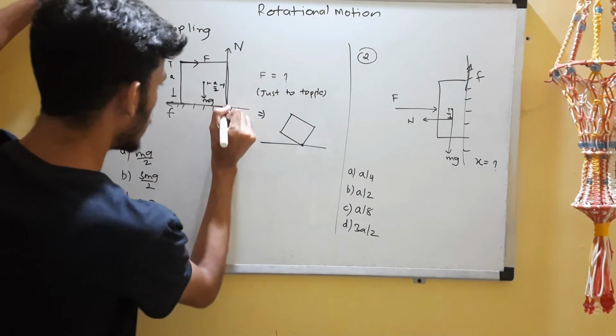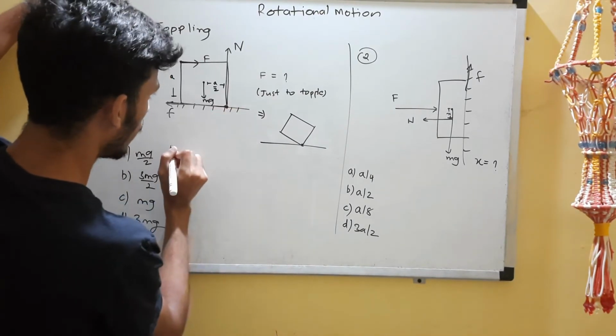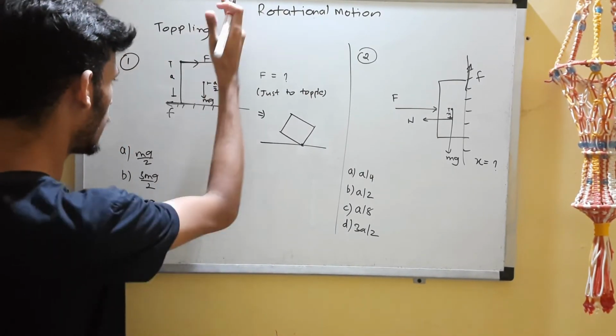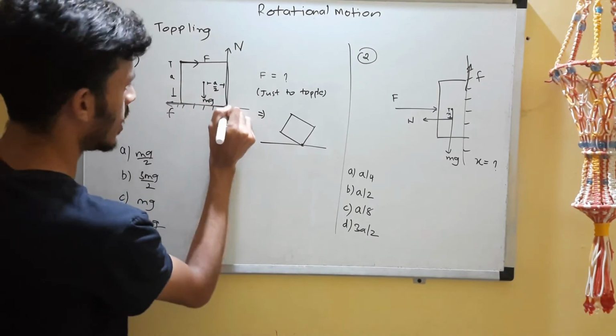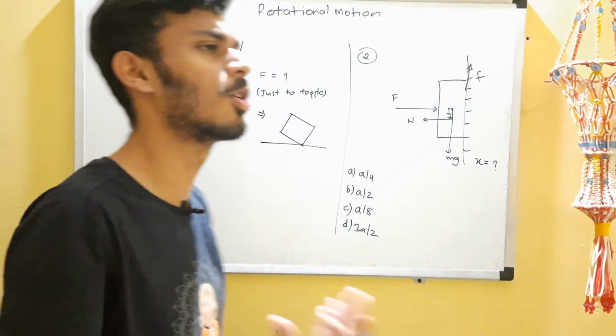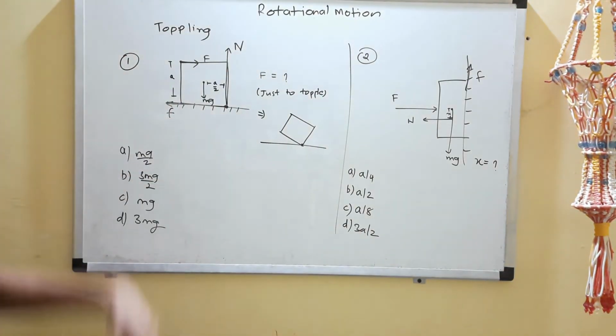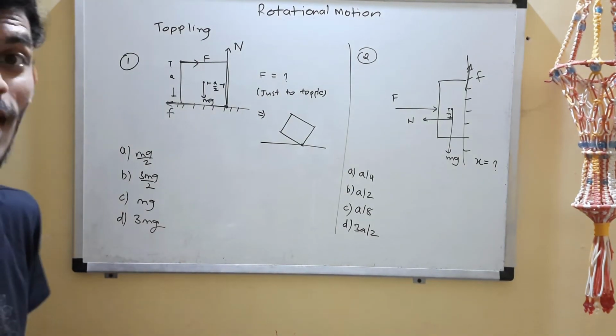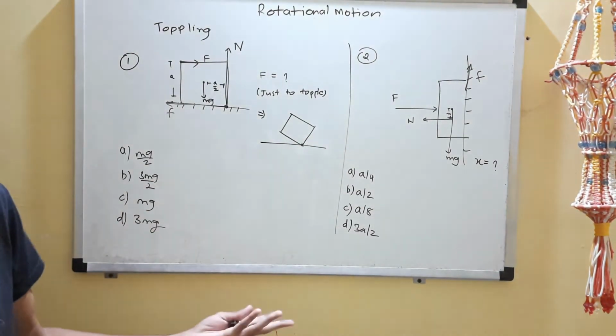So I am considering the torque about this point. If you see, the normal reaction and the frictional force pass through that point, so the torque due to the normal reaction and frictional force is 0. Torque is R cross F, right? So R is 0, torque is 0.